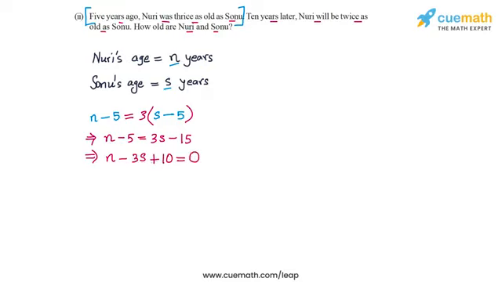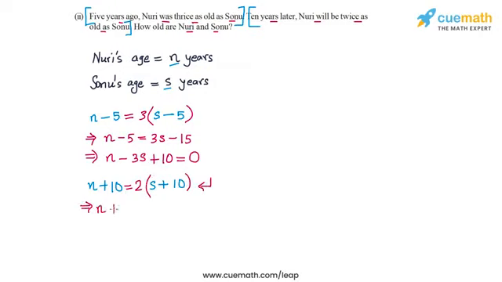Now the second piece of information given to us is 10 years later Noori will be twice as old as Sonu. So 10 years later Noori's age will be n plus 10 and Sonu's age will be s plus 10, and the statement says that Noori will be twice as old. So n plus 10 should be 2 times s plus 10, and this gives us the second equation in n and s.